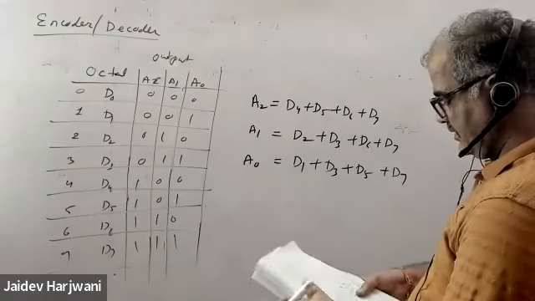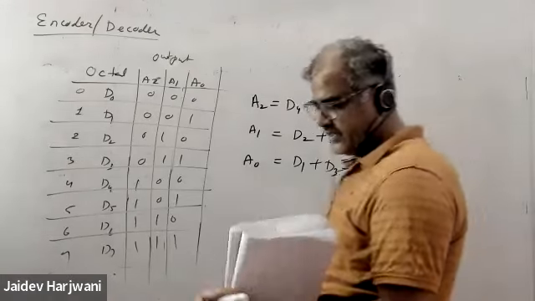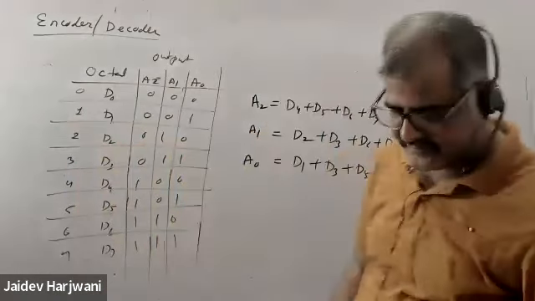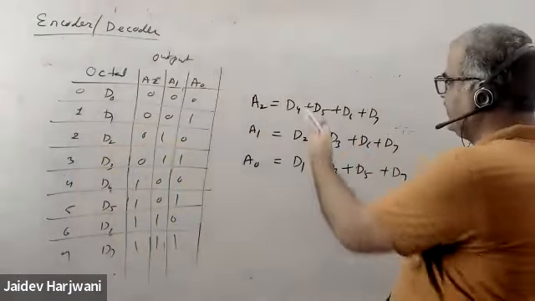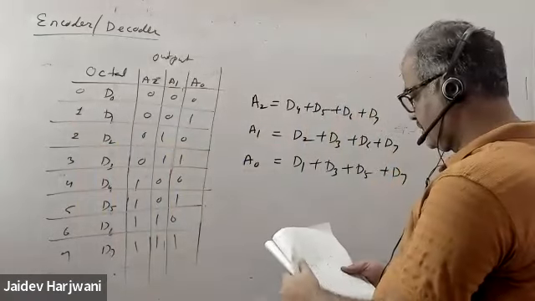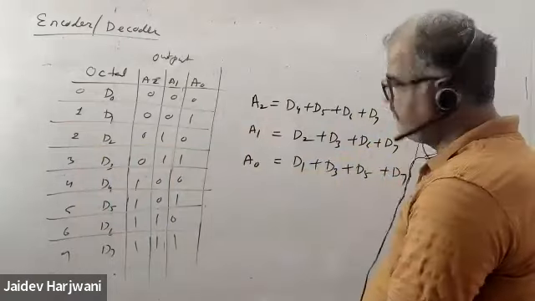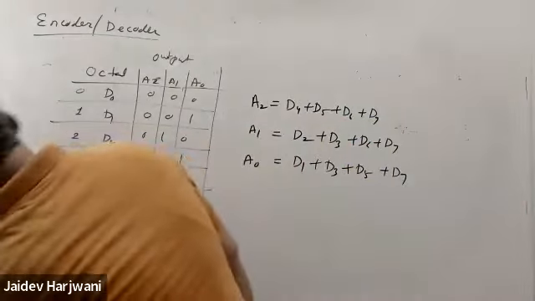So now can you make the logic circuit for this one? So simple, you have only OR gates. You have 3 outputs, A2, A1, A0. Now you need to make the encoder circuit.